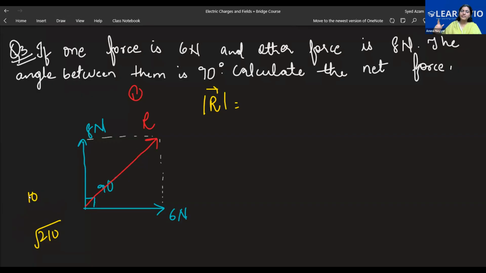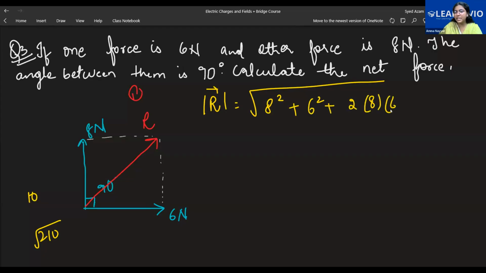10. See, Hadia, this formula is, this is 8, this is 6. So 8 square plus 6 square plus 2 into 8 into 6 into cos 90 degree. Hadia, what is cos 90? 0.